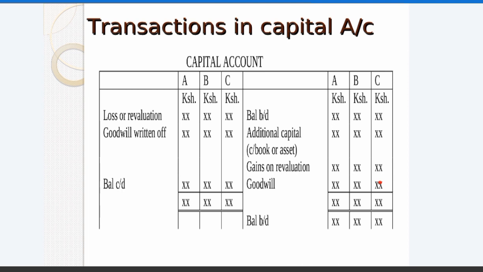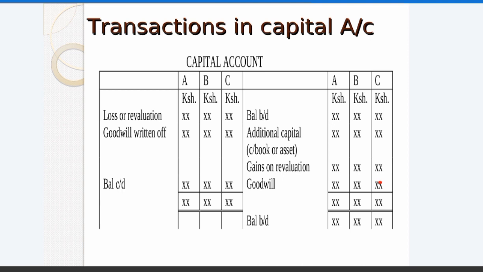So, in essence, we are saying that the capital of a partner in a partnership can increase through three ways. Way number one, if they bring in additional capital. Way number two, if there is a gain on revaluation of assets.